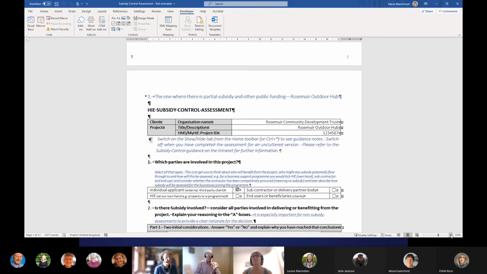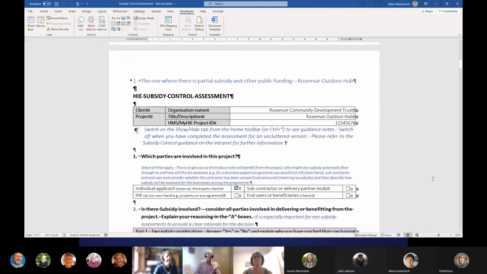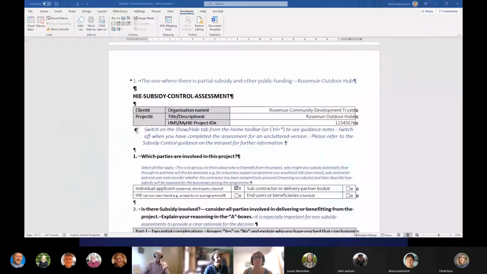It's in a little box at the top. No, I've got it full scale. Let's stop sharing and then I'll reshare. That's it now. Right, okay. It still is quite small though, Mary. Can you increase it just a little bit? It's up at 150%.